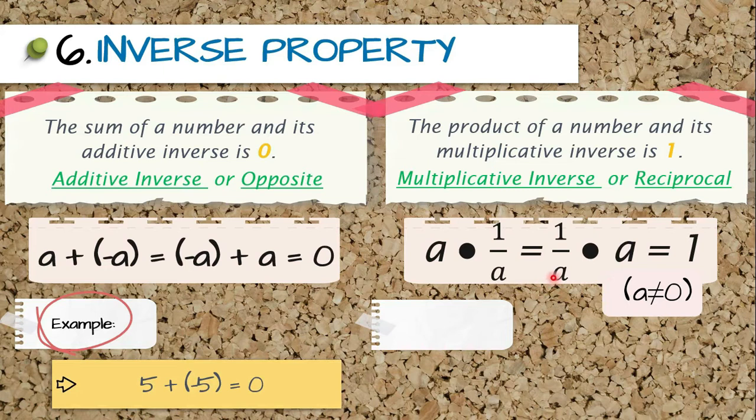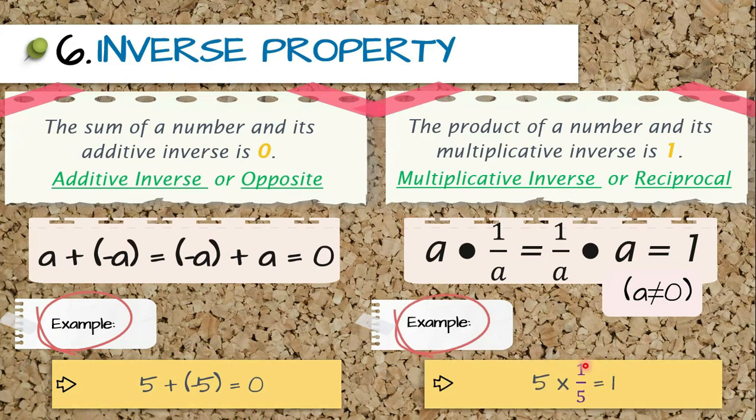So if you're going to divide 1 by any number, a must not be equal to 0. Example, 5 times 1 over 5 is equal to 1. So if our number is 5, its multiplicative inverse or reciprocal is 1 over 5. And that is always equal to 1. So that is an example of inverse property.